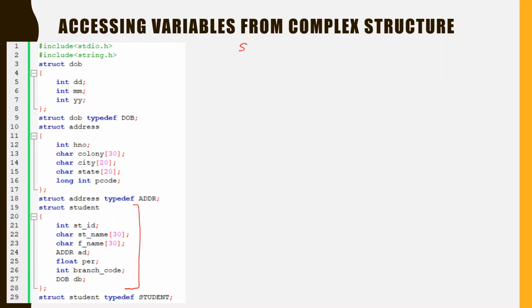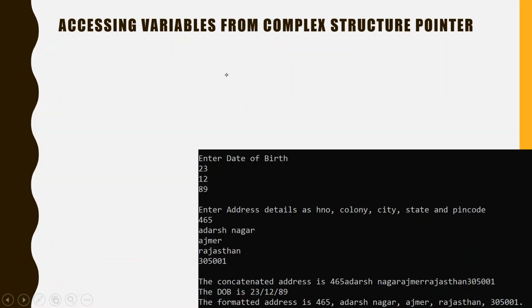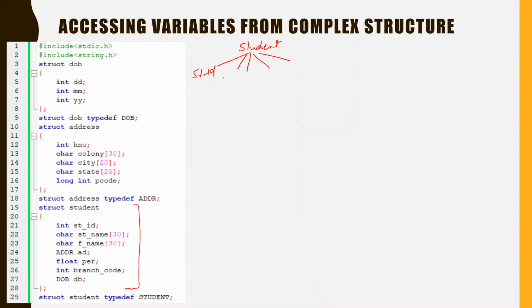So for this particular entity student, we want to store several informations, or several attributes, like student ID, then we have student name, then we have its father's name, and then we have its percentage, and apart from that we also have branch code, the code of the engineering branch suppose.